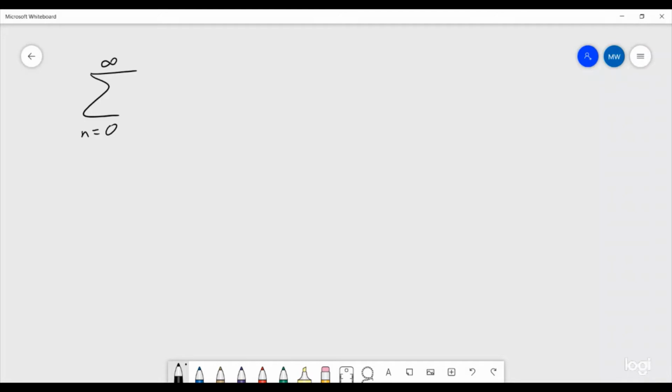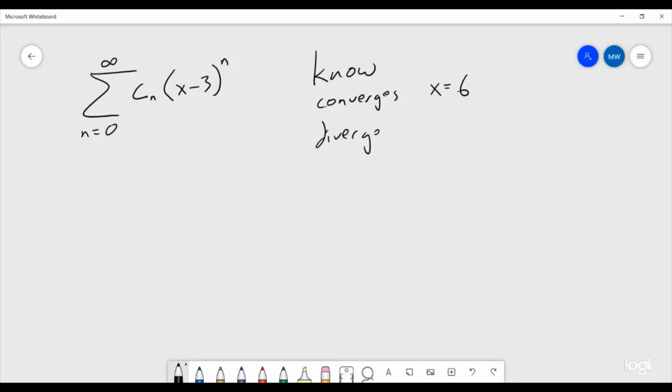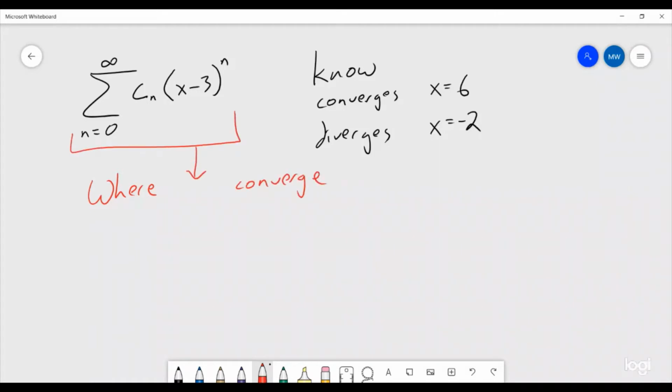We are looking at the series n equals 0 to infinity of some constants times x minus 3 to the n, and we know this converges when x equals 6, and we know it diverges when x equals negative 2. We want to know where does this series converge for sure. So we need to know where can we guarantee it'll converge.